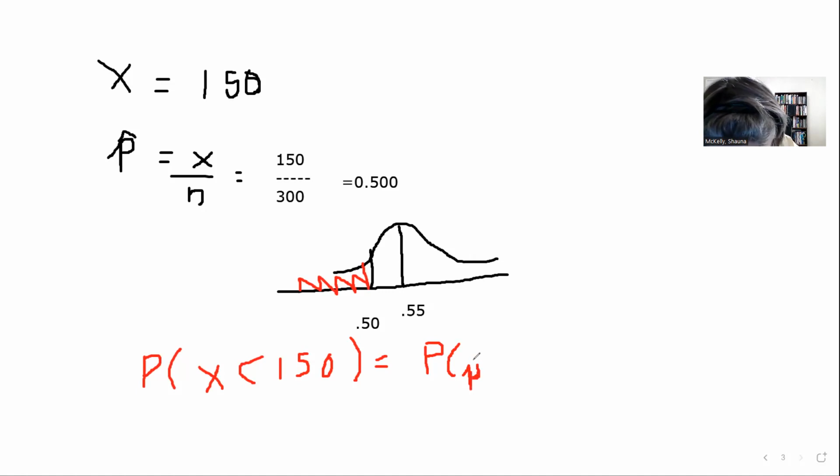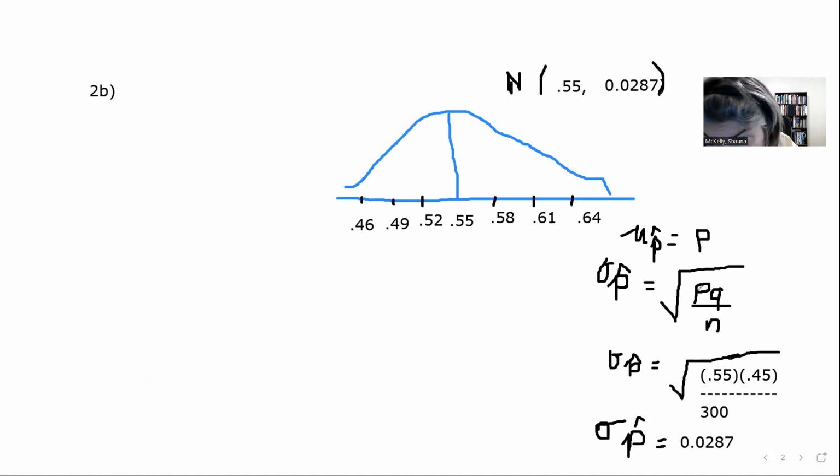So p hat less than 0.5. And we're going to put this in our calculator. Now remember, what are we using for our mean and our standard deviation? That's why she had you describe this. The mean is going to be 0.55. Your standard deviation is 0.0287.